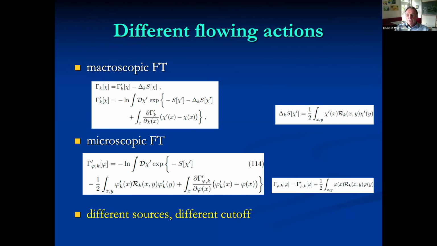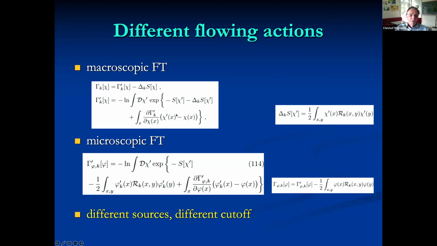And you should also be aware that these are different flowing actions. For the macroscopic field transformation, the flowing action has not changed. You just have different macroscopic variables that you use as coordinates for expressing your function. But for the microscopic field transformation, the flowing action is actually a different one.